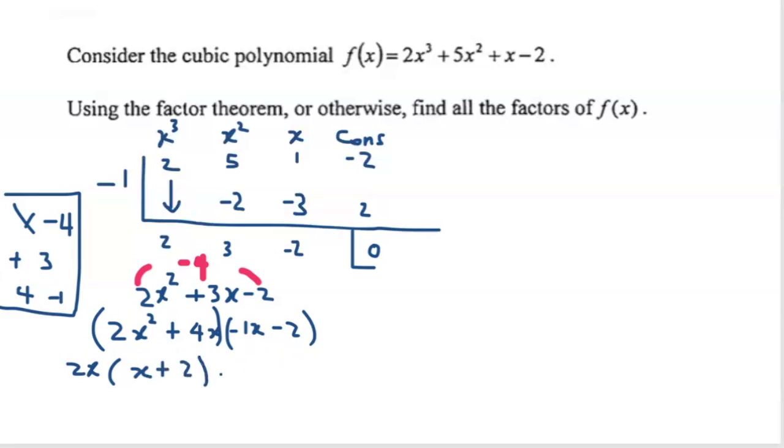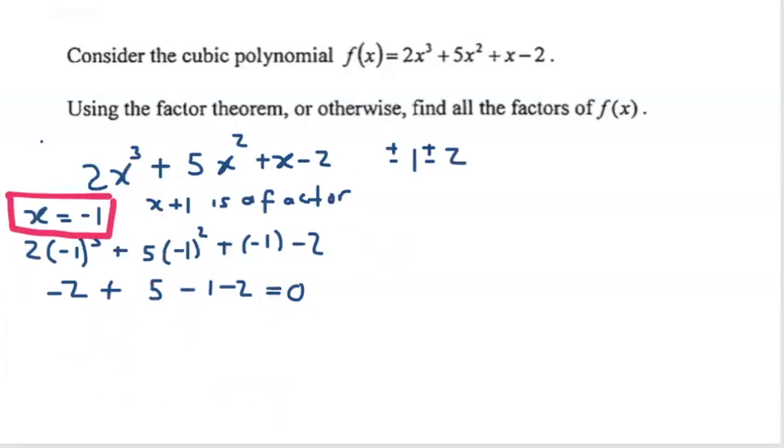What can I factor out from the second group? Factor out minus 1, so I'm left with x plus 2. So therefore we have 2x minus 1, x plus 2, and the final one, coming from the first factor, x plus 1.